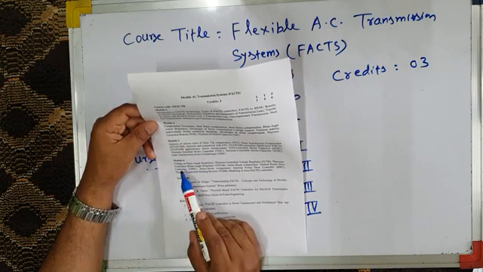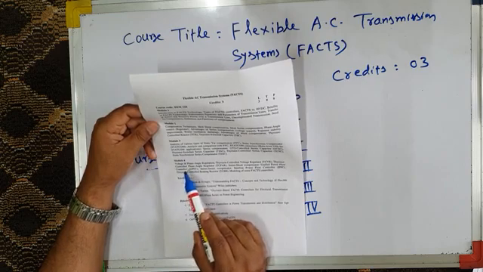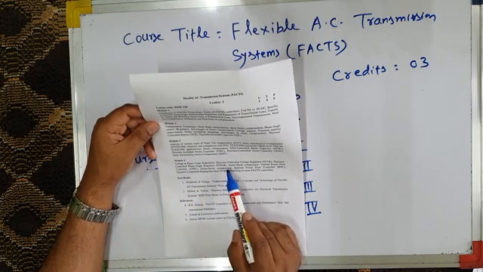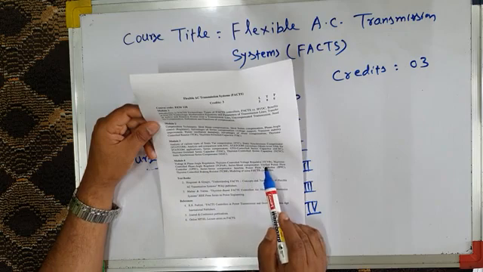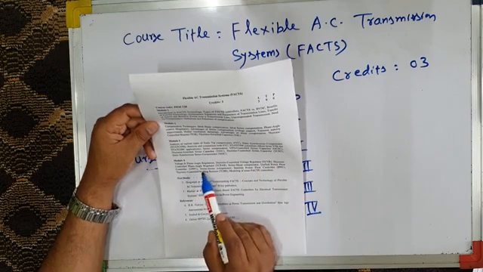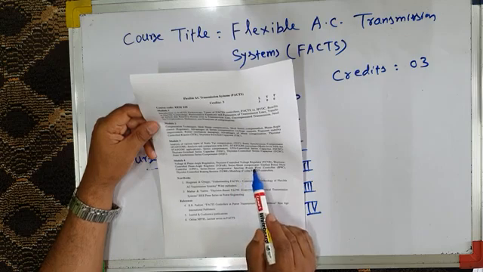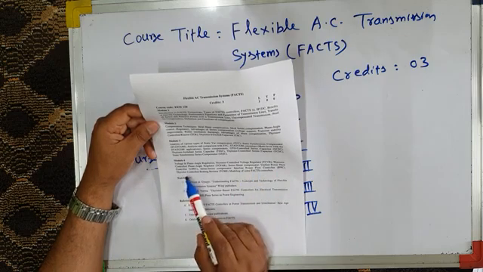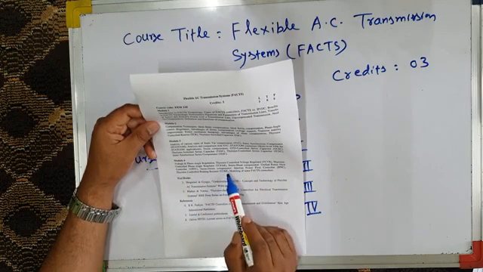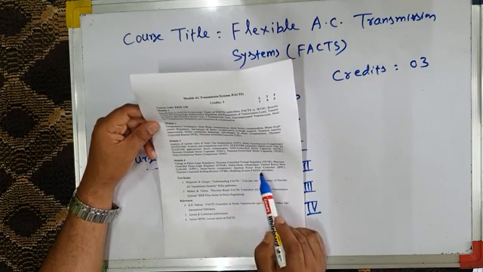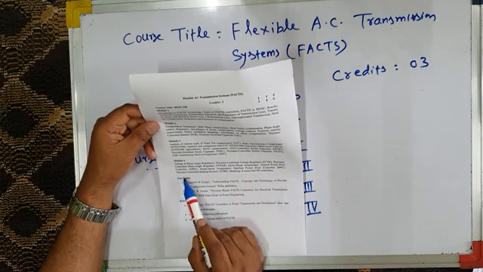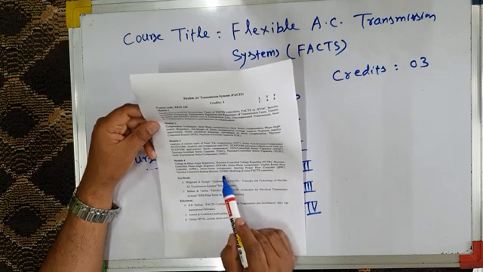Then in module 4 we will discuss voltage and phase angle regulation, thyristor controlled voltage regulator TCVR, thyristor controlled phase angle regulator, that's TCPAR, series shunt compensator like unified power flow controller UPFC, series compensator like interline power flow controller IPFC, and then thyristor controlled braking resistor TCBR.